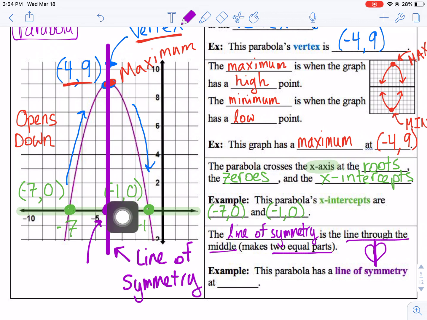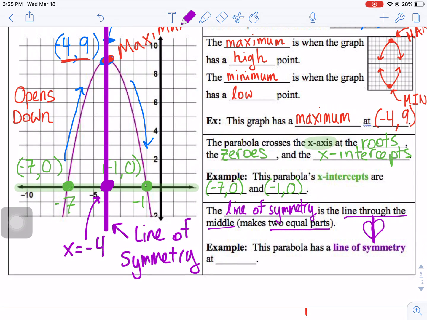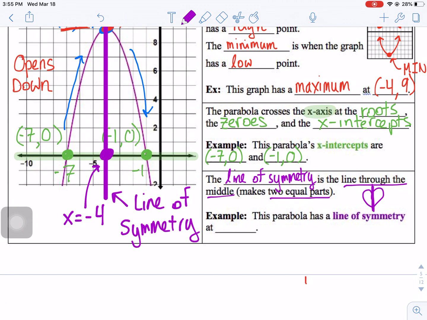This point here. So we would write x equals -4. So in the bottom right corner, this parabola has a line of symmetry at x equals -4.